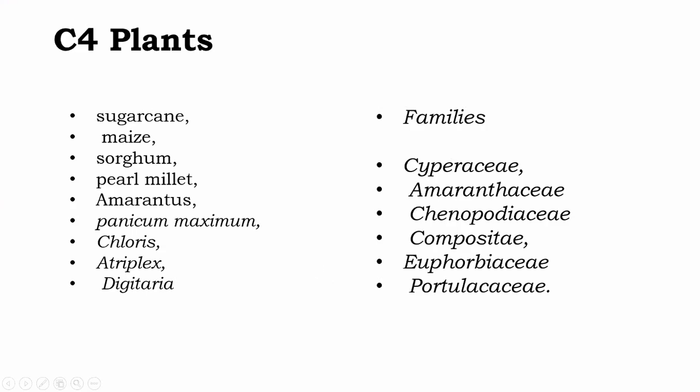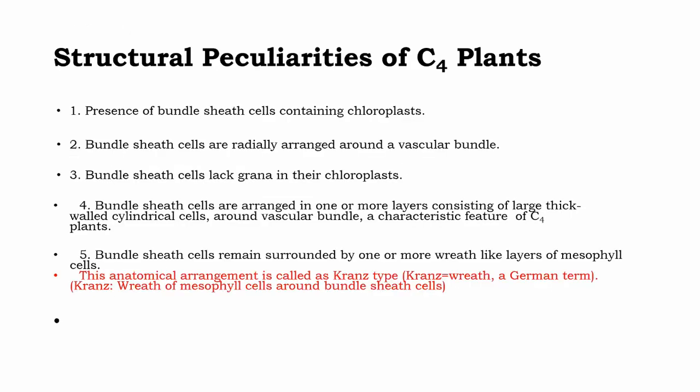Okay, so there are C3 plants and C4 plants. In general, other plants are almost C3 plants because their first product is C3. Here, the first product is a 4 carbon compound. Now, there should be some structural peculiarities of C4 plants, because in general the C3 pathway takes place, but to have the C4 pathway, a different structural formation is necessary.